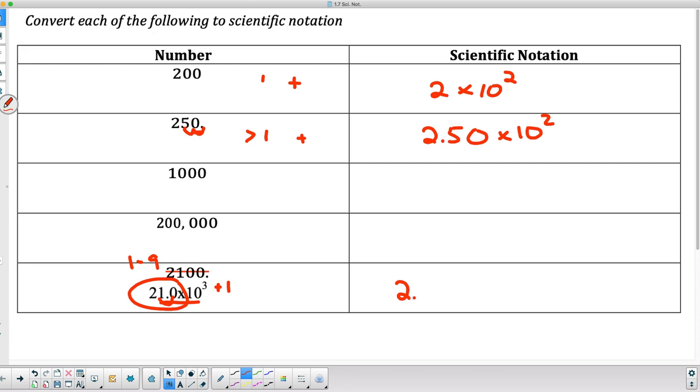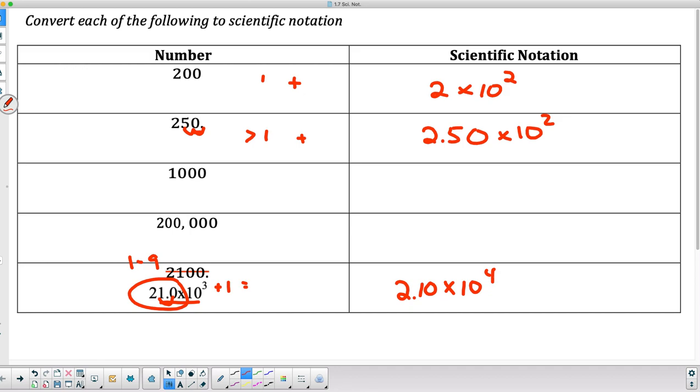So what I have is 2.10 times 10 to the fourth instead of the third. I add one more on when I move to the left, and I subtract one if I move it to the right.